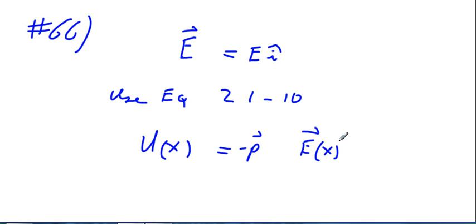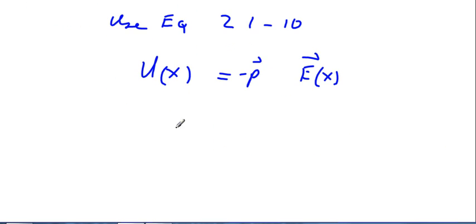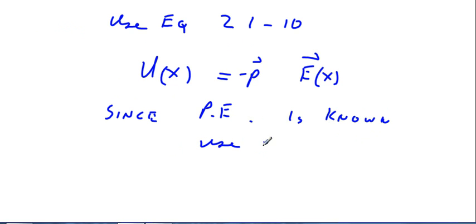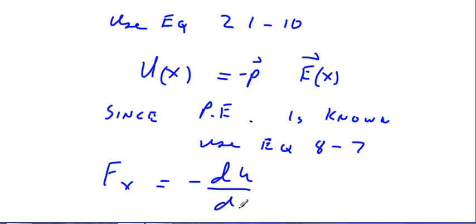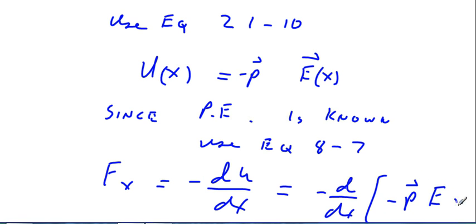Now, since the potential energy is known, we're going to use equation 8-7 and find that the force in the x direction is minus dU/dx, which is minus dU/dx of minus P, dipole moment, times the electric field.